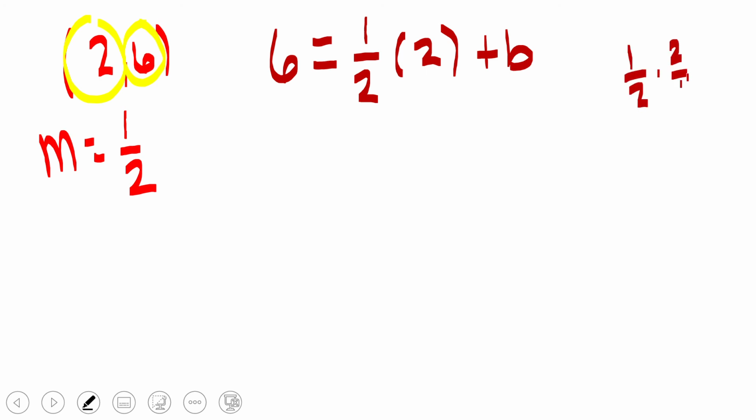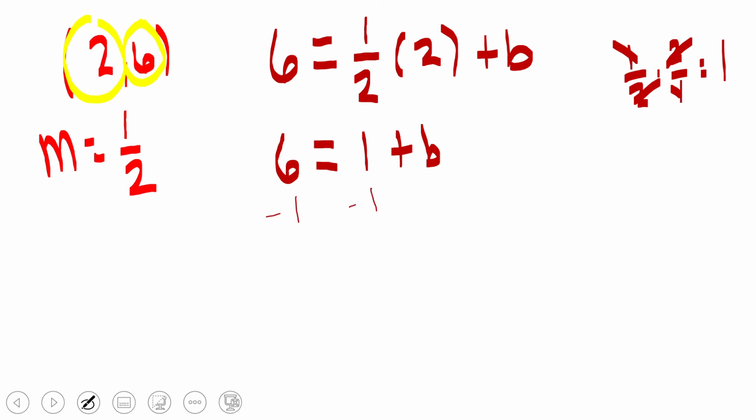We can put that over 1 to make it look like a fraction. This cross cancels, and we have 1 to rename that whole part of our problem. So it'd be 6 equals 1 plus b. We can subtract 1 from both sides, and we're going to get 6 minus 1 is 5 equals b.